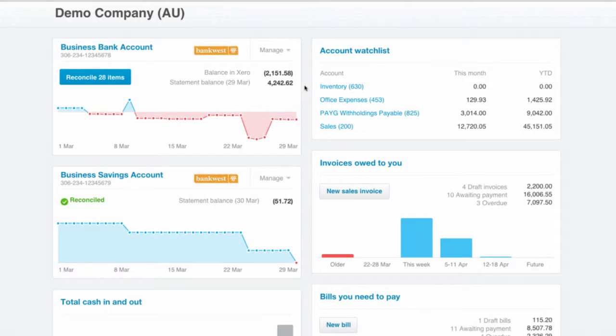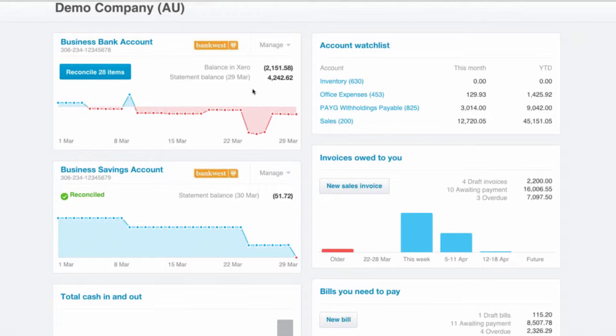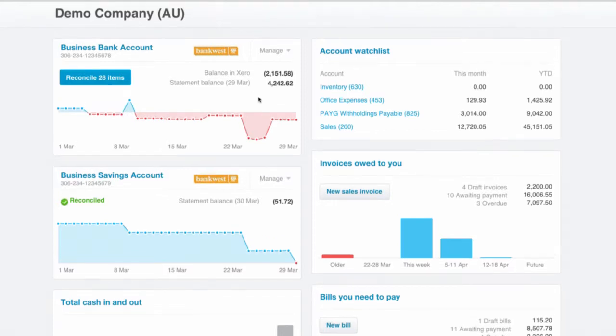So what is the difference between the statement balance and the balance in Xero? The statement balance represents the calculated statement balance. What this means is that it's taking the conversion balance that you put into the conversion balances screen and any included statement lines. That's it.